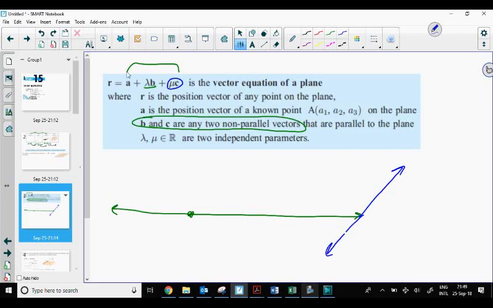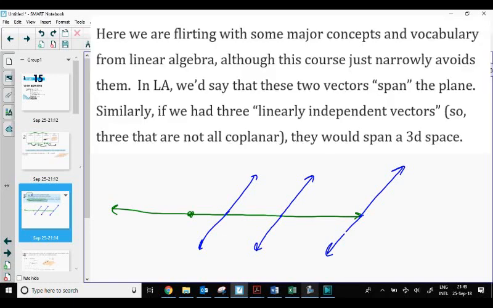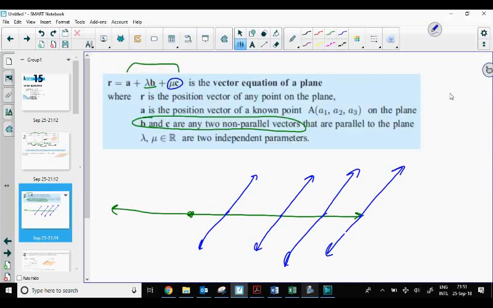If I had started closer over here, I could be going in either of those directions. And if I filled in all of the infinite green arrows to fill in this line forever, and then filled in all of the infinite blue arrows going as far in both of those directions as I wanted, I would fill up the entire board, and the board is standing in for my plane here. That's one way to write the equation of a plane.